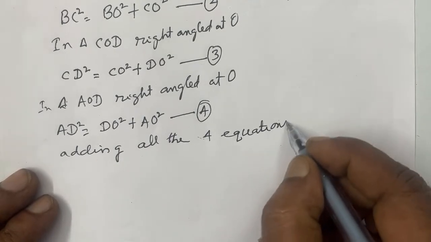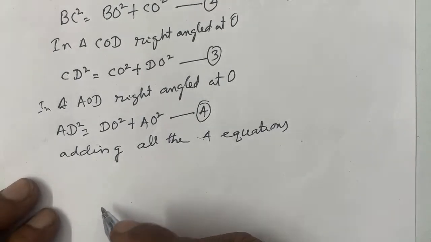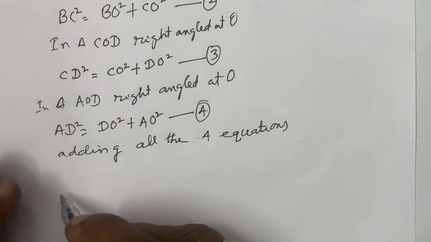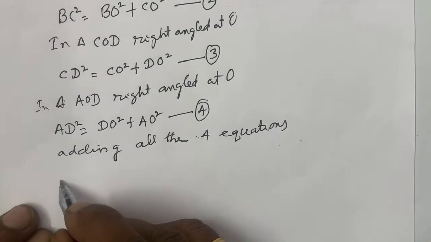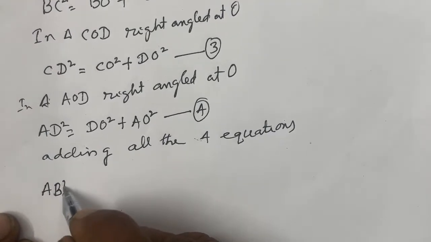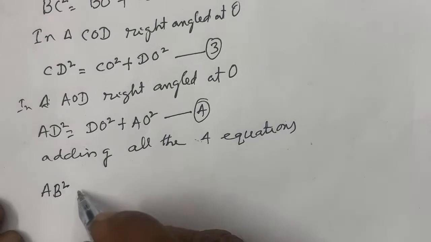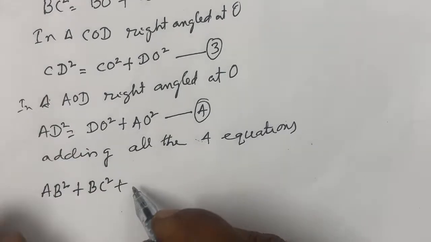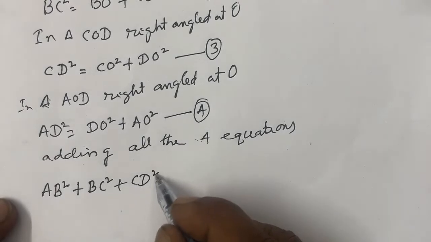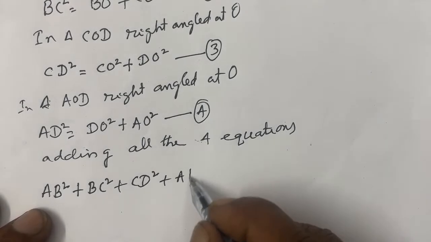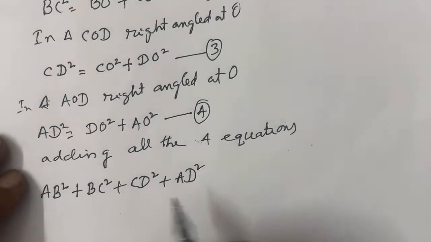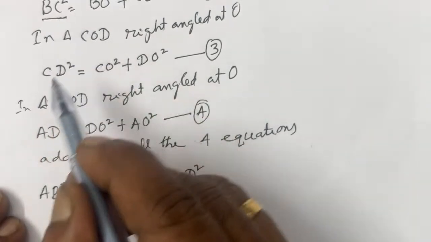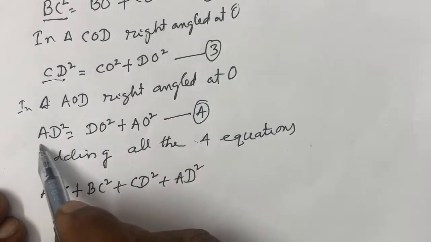I am adding only the hypotenuses first: AB square plus BC square plus CD square plus AD square. You can see here the hypotenuse of the first equation, of the second equation, of the third equation, of the fourth equation.